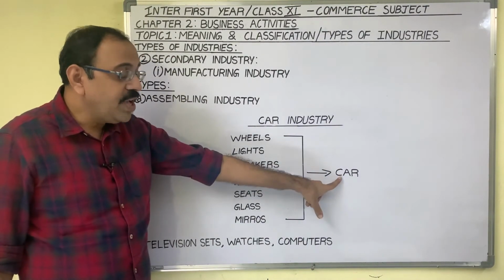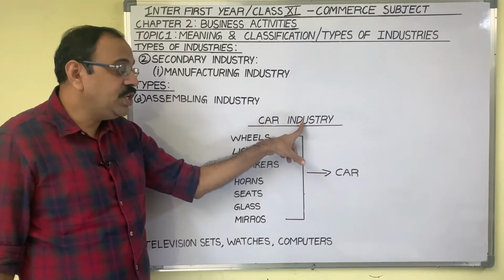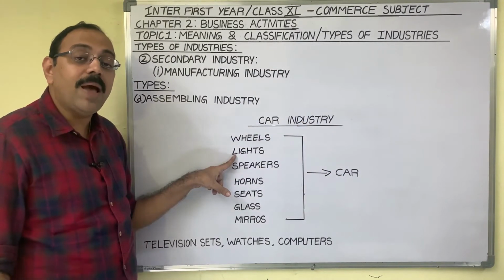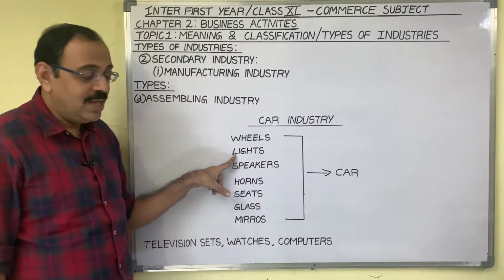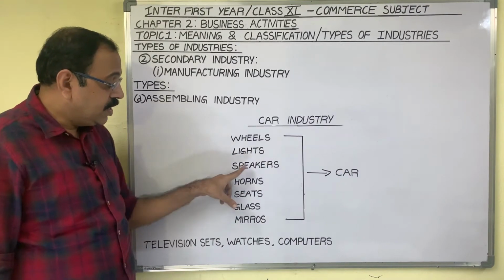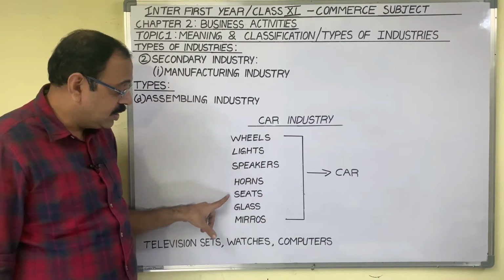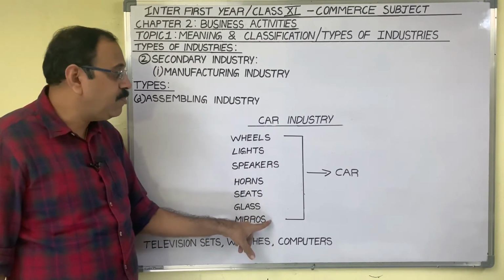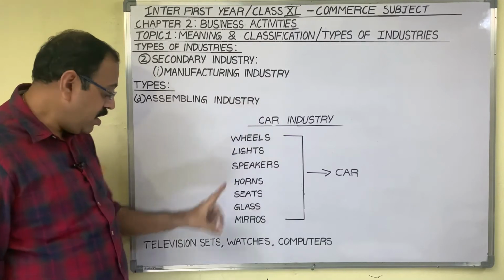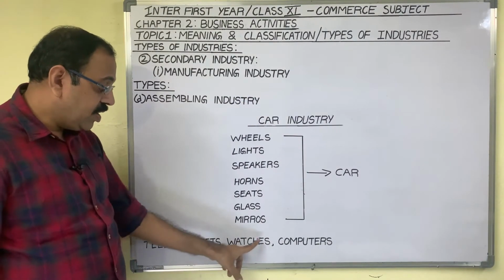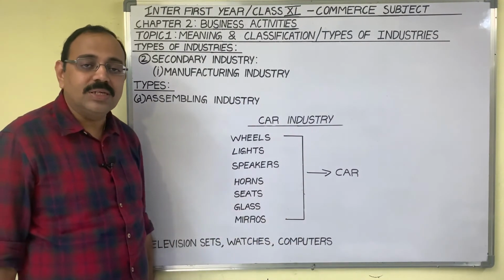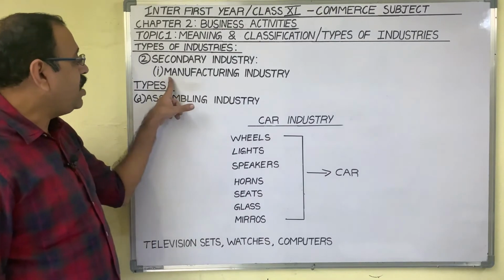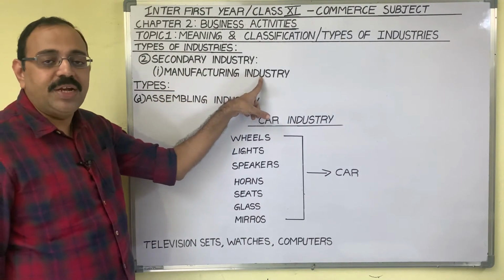Similarly, to manufacture car, this industry uses the products which are manufactured by other companies like lights, speakers, horns, seats, glass and mirrors. Other examples for assembling industry are television sets, watches and computers. With this, manufacturing industry is completed.